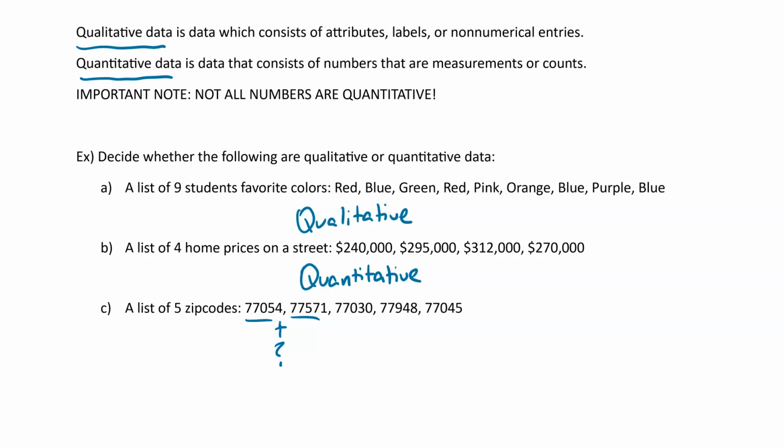It's used to represent where you live. So in this case, these numbers don't actually represent real numbers. You can't do things with them that you can do with normal numbers. It just wouldn't make sense. So because of that, this is qualitative.